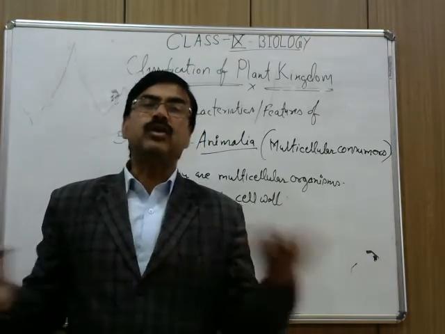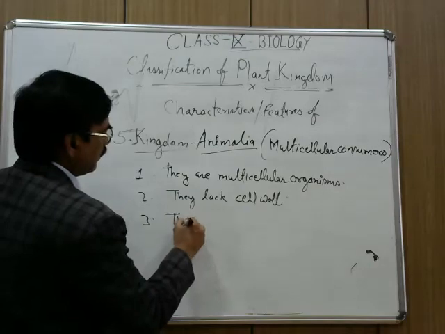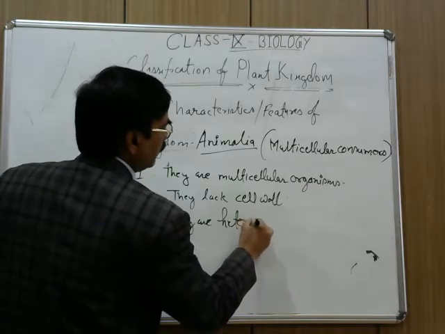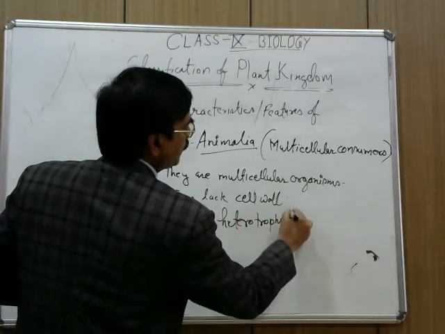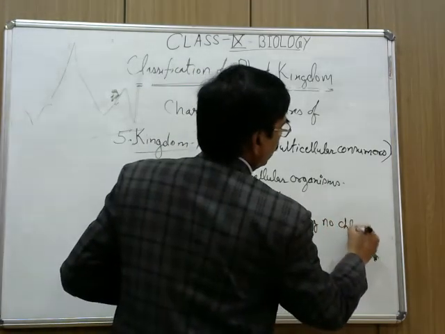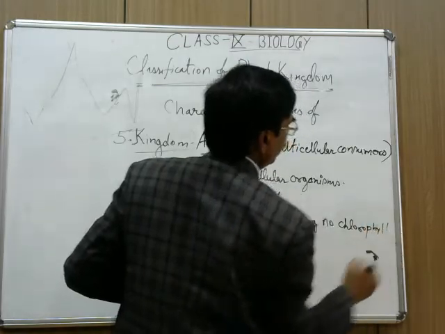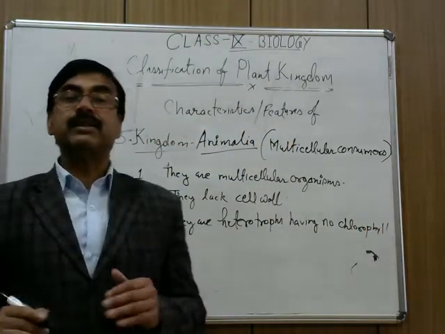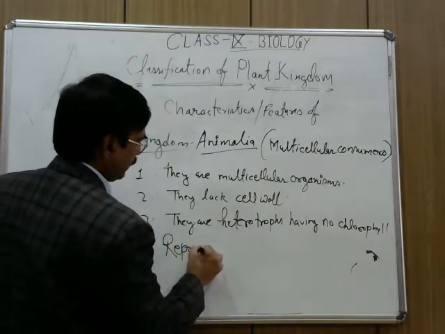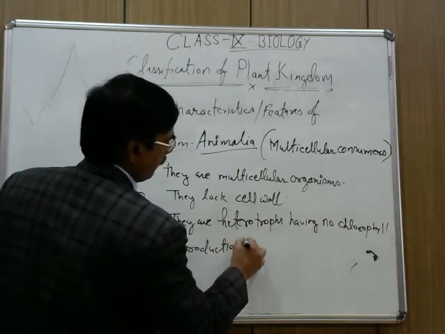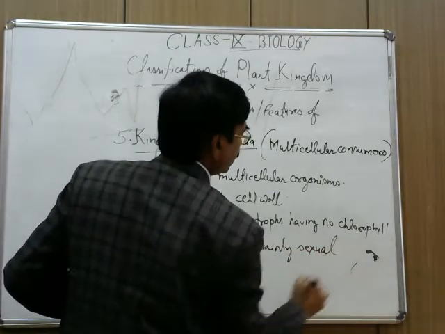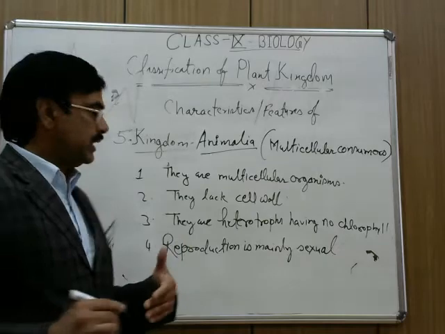Character number 3, you can write they are heterotrophic, no chlorophyll. They are heterotrophs having no chlorophyll. The 4th characteristic, you can write, reproduction is mainly sexual. So sexual mode of reproduction is present.